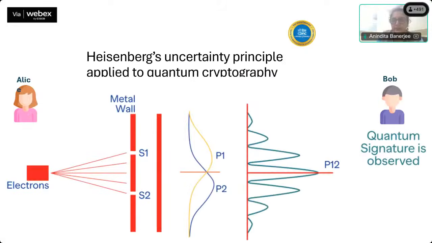I tried to explain quantum cryptography using Heisenberg's uncertainty principle. If there is no disturbance, the electron takes paths from both slits, and I'm seeing an interference pattern. If I close any one of the slits, then I'll see a bell curve, which is a classical probability curve.